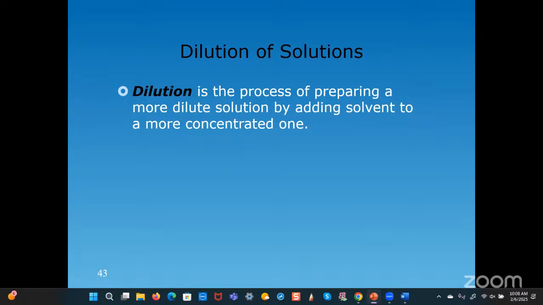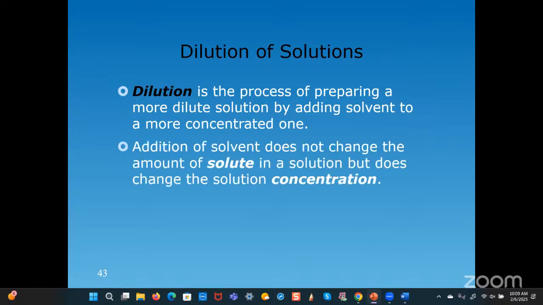And that's true for teaching labs or even the most advanced research facilities, because very often you may end up doing an experiment which requires a solution of a particular concentration, but what you have in your stockroom is a solution of the same substance that's more concentrated. So therefore, you have to know to what extent to dilute that solution to get the required concentration, right?